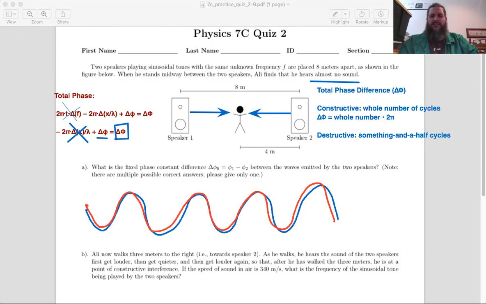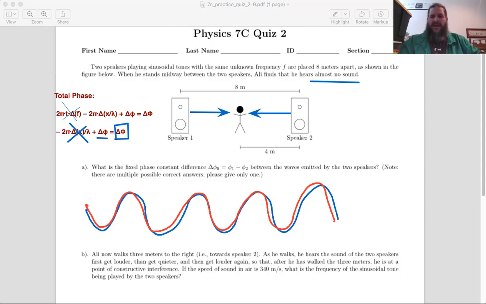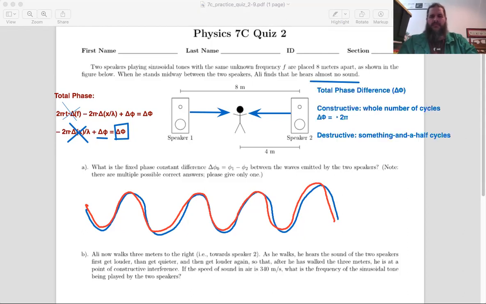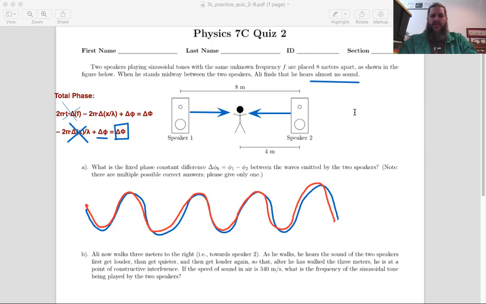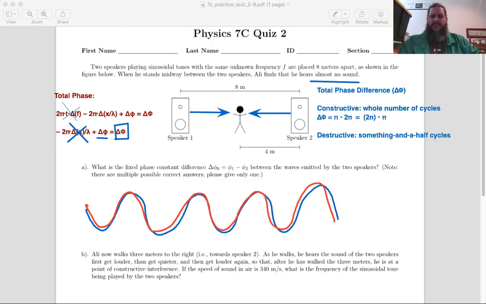times 2 pi. That whole number, let's just call that n. So some whole number n times 2 pi. But if we combine the 2 and the n, what kind of a number is 2n going to be? If you take any whole number and multiply by 2, what category of number is the result going to be?